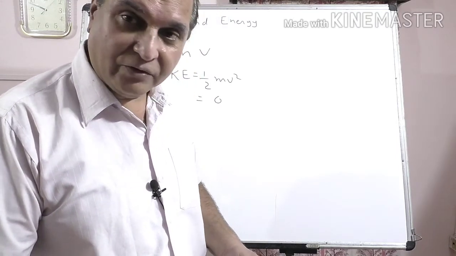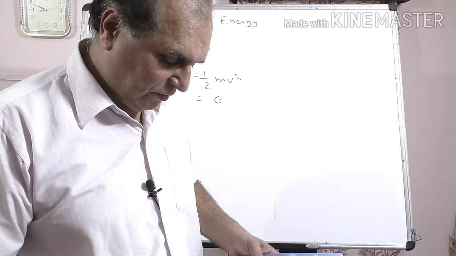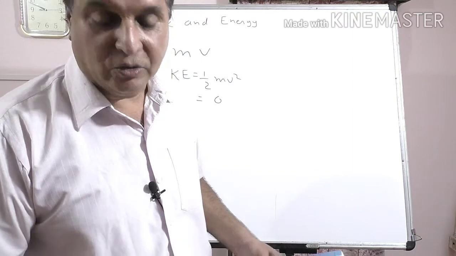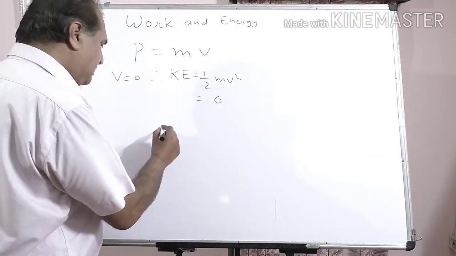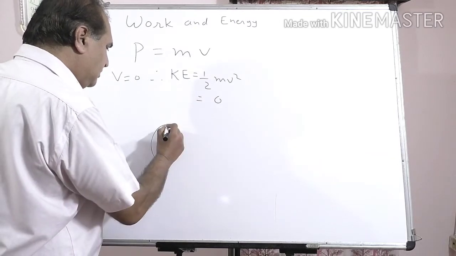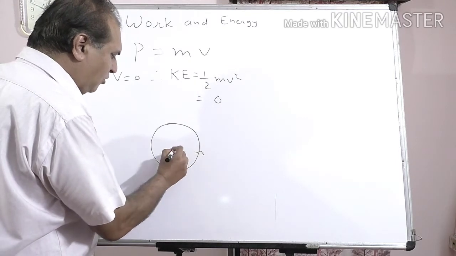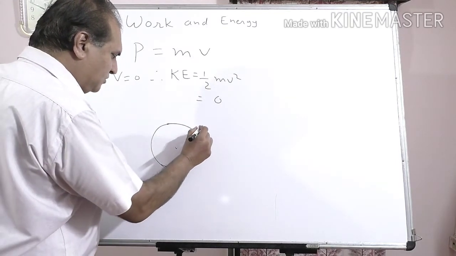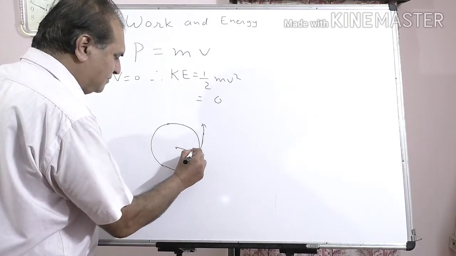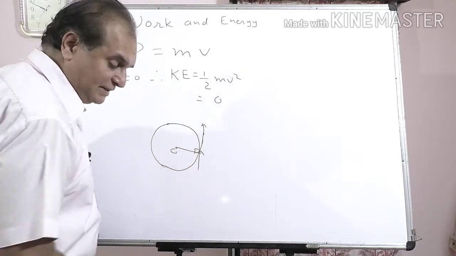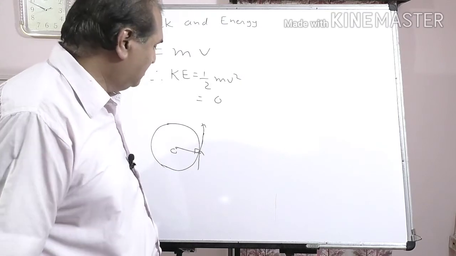Okay, F. Question 1F. Why is the work done on the object moving with uniform circular motion 0? Very important. That also I explained to you. But see, in circular motion, the object revolves like this. So the direction is tangential. Radius and tangent are perpendicular to each other. Tangent is always perpendicular to the radius.